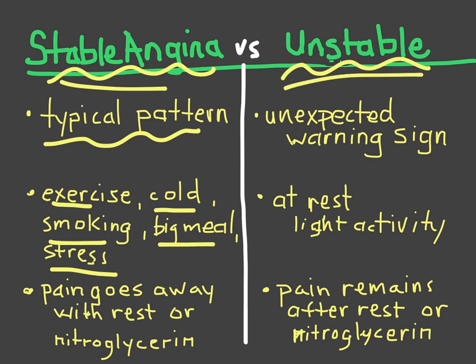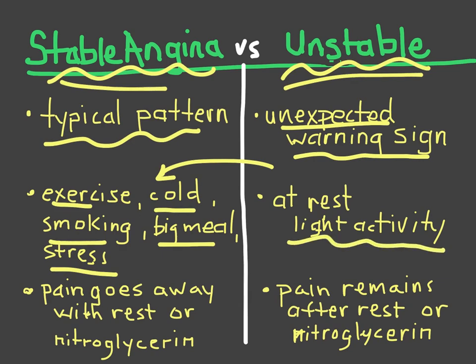Unstable angina, on the other hand, is very unexpected. It does not have a typical pattern. It is usually a warning sign that a heart attack may be imminent. It usually happens at rest or with light activity, so nothing strenuous as with exercise.